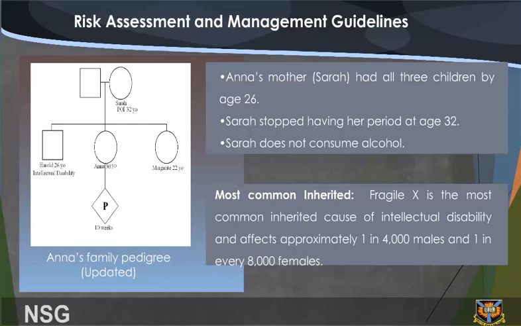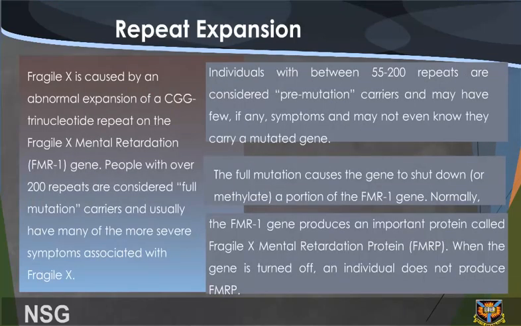Most common inherited cause: Fragile X is the most common inherited cause of intellectual disability and affects approximately 1 in 4,000 males and 1 in every 8,000 females. Repeat expansion: Fragile X is caused by an abnormal expansion of a CGG trinucleotide repeat on the Fragile X mental retardation FMR1 gene.